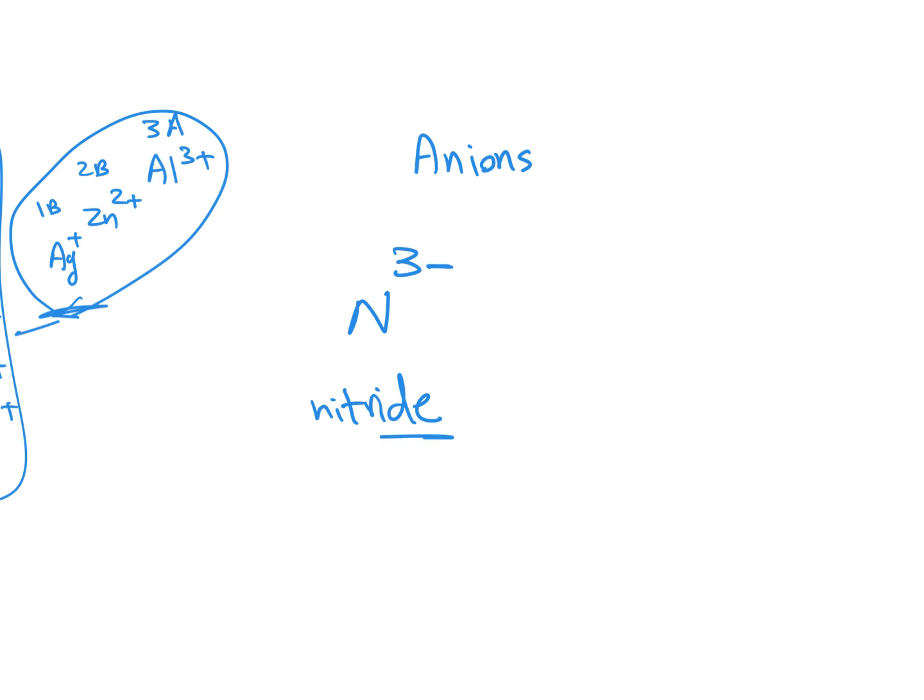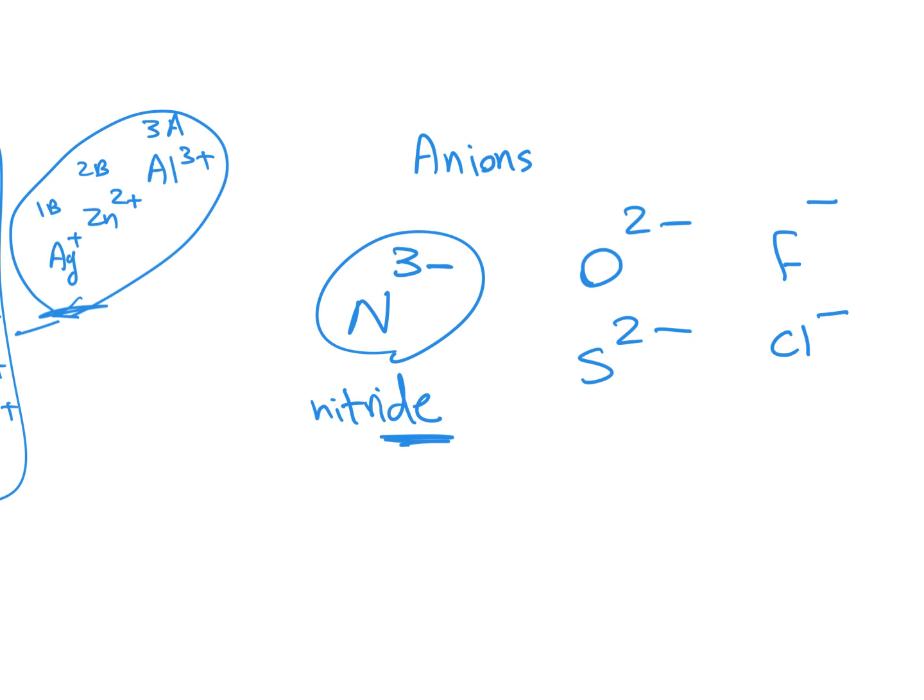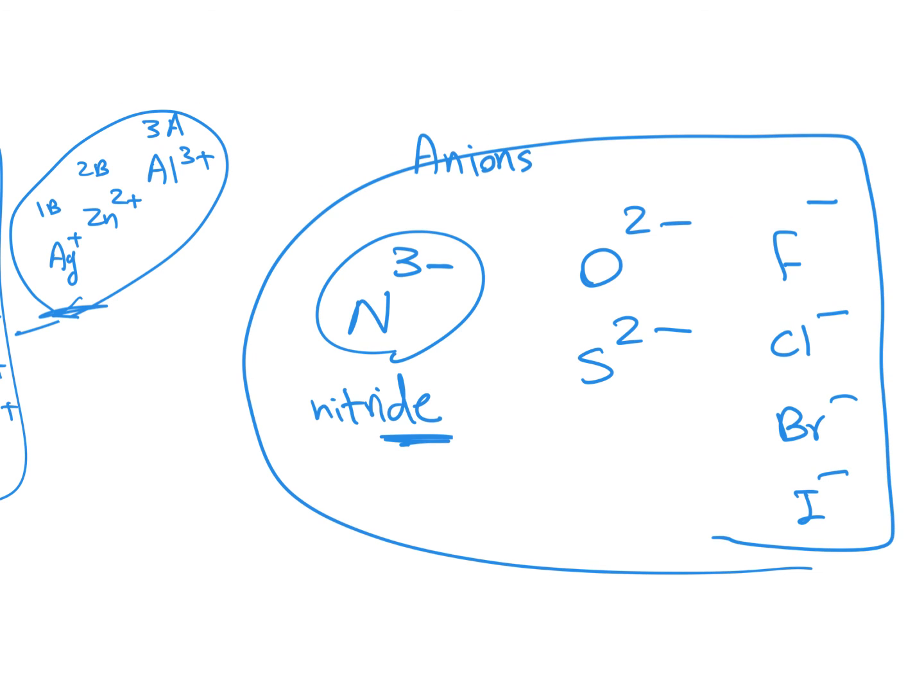Don't confuse that with anything else, nitrite, nitrate, and so on. So it's nitride. Oxygen gains 2 electrons, would be oxide. This is sulfide. And then fluoride, chloride, bromide, iodide. You should also know these for your exam.